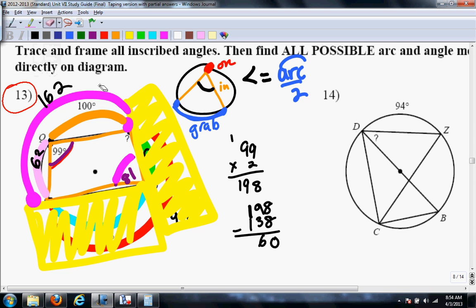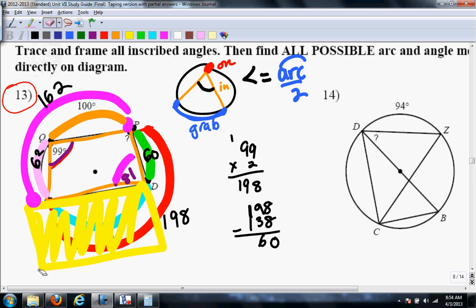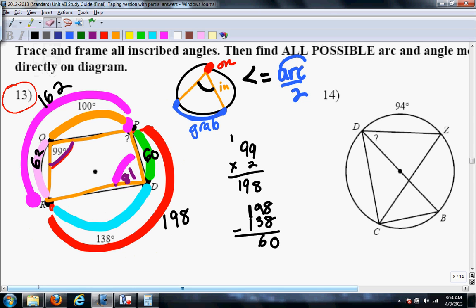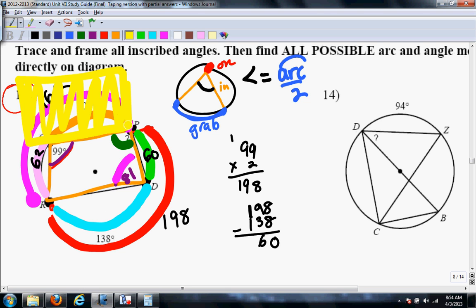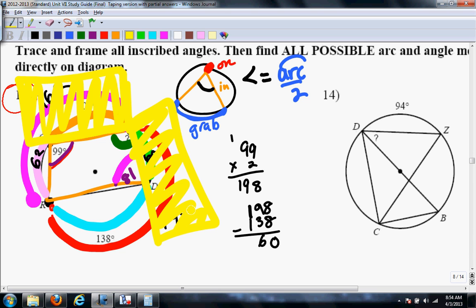Now, let's see what else we can find here. Now that we have all the arcs, we can go for the rest of the angles. For example, this angle right here, the green one, I'd like you to frame this one and see what you can find. That green angle grabs from here, let's come on the inside, to there.